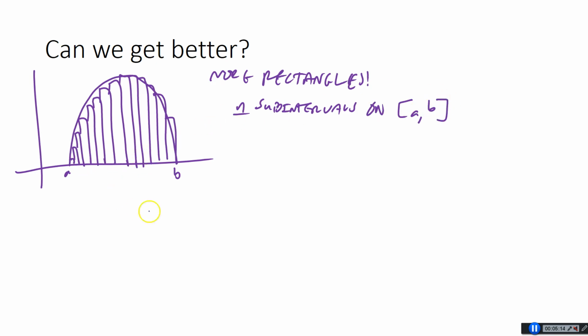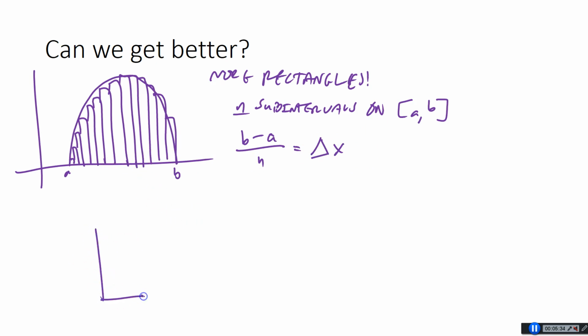Then how wide is each rectangle going to be? Well, the distance from a to b would be b minus a, and I'm splitting it into n subintervals, so how wide each one is going to be is (b minus a) over n, right? And usually that's called delta x. Delta x is the change in x. That's how wide each rectangle is.